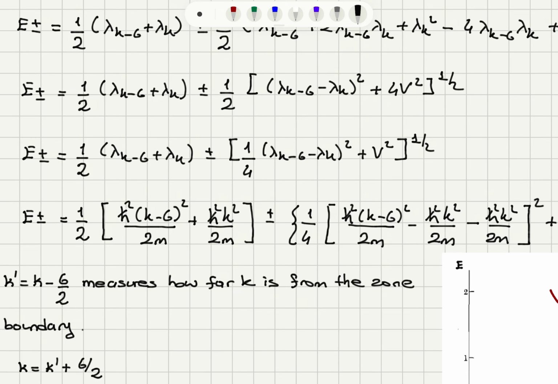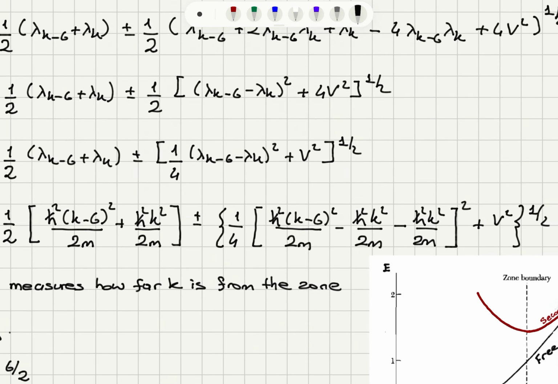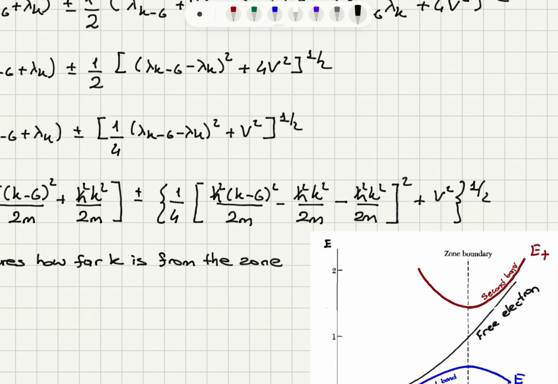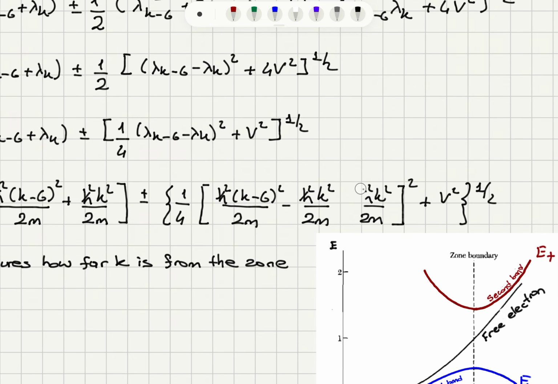So by substituting for λ, ħ²k²/2m, I have ħ²(k−G)²/2m plus ħ²k²/2m, plus or minus the square root of 1 over 4 times (ħ²(k−G)²/2m − ħ²k²/2m), that is (λ_{k−G} − λ_k), squared plus V².